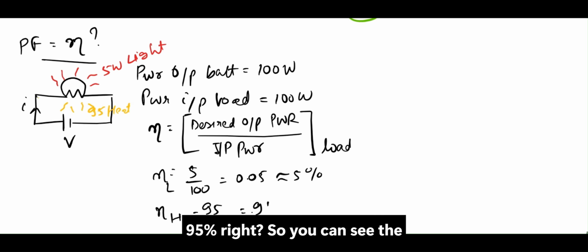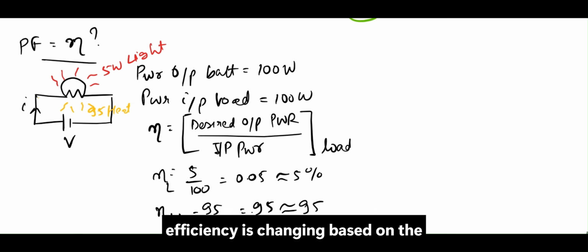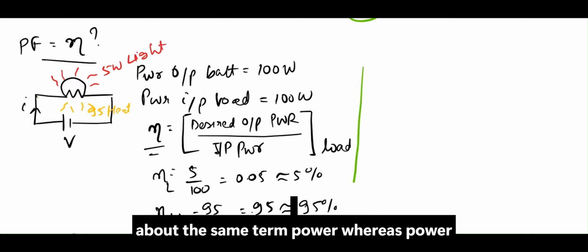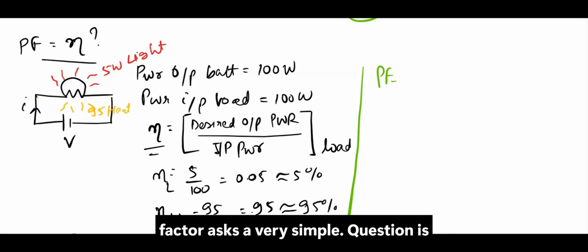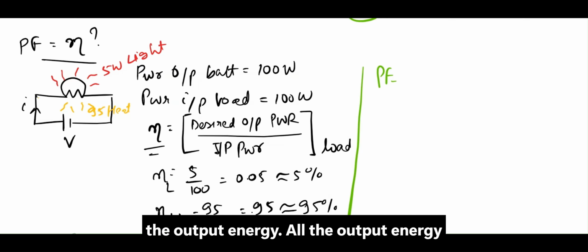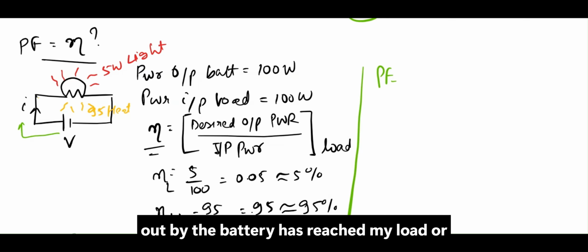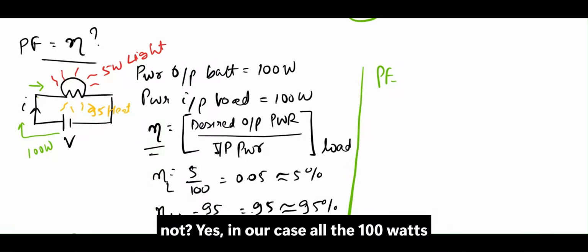So you can see the efficiency is changing based on the desired output power, but it is talking about the same term, power. Whereas power factor asks a very simple question: is all the output energy pushed out by the battery reaching my load or not?